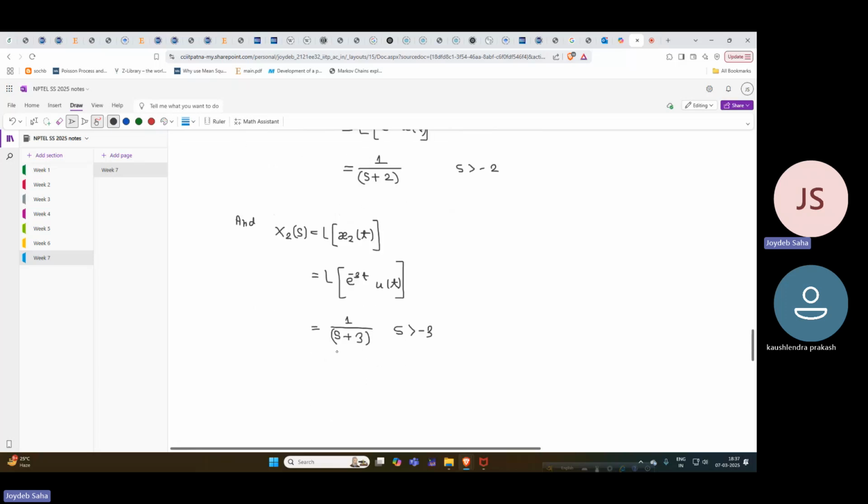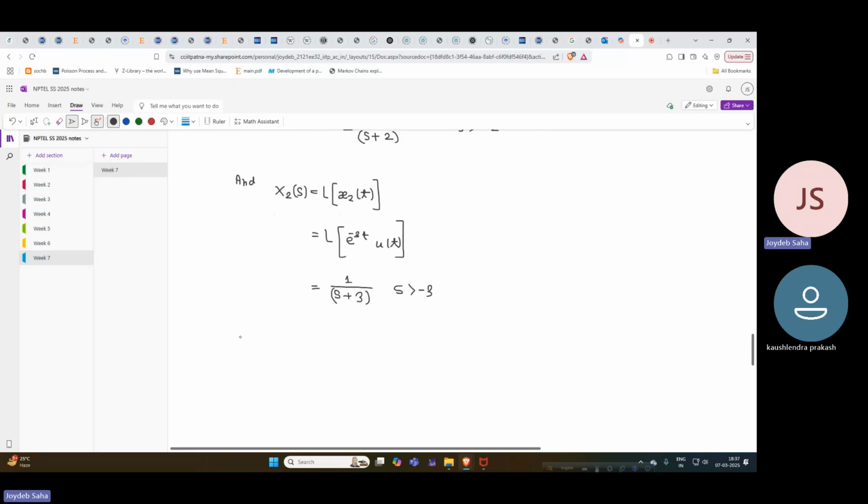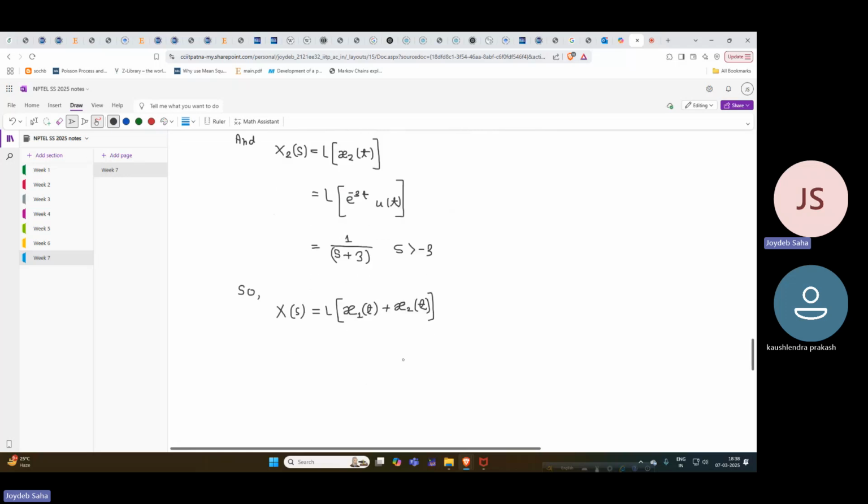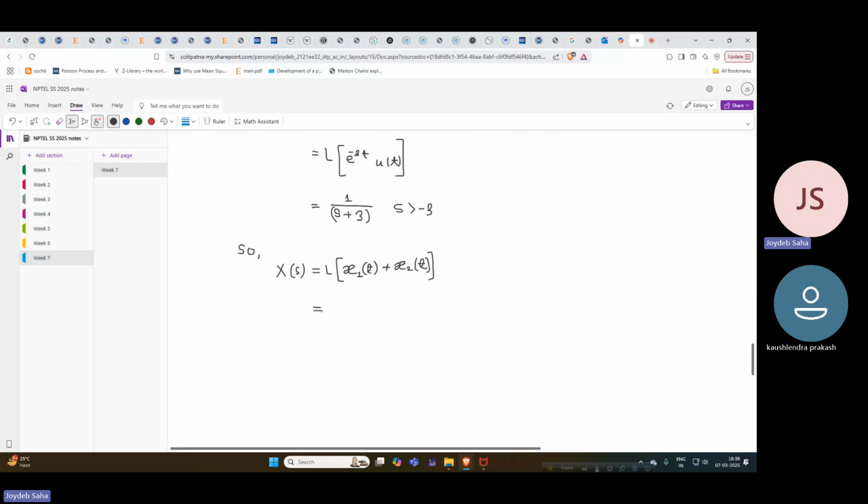Now the question is, so X(s) is equal to the Laplace transform of x1(t) plus x2(t). It is simple.